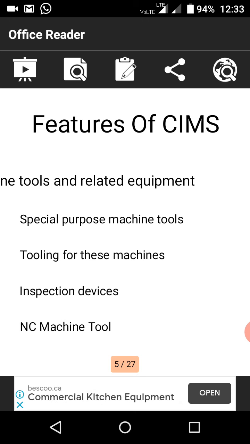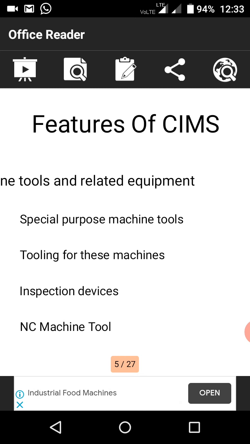How much material we need, that also we should plan according to our work. Next capacity planning. Next computerized work standard, computer integrated production. Next computer process planning. So all this comes under features of SIM.